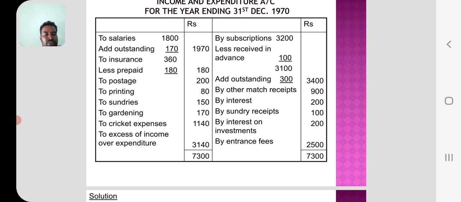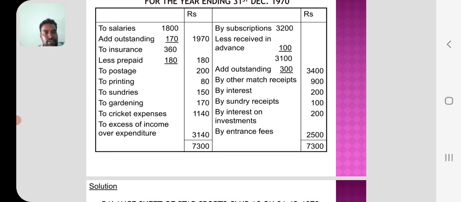Coming to the credit side, by subscriptions 3,200, less received in advance 100, 3,100, plus 300 outstanding of the current year, 3,400. By other match receipts 900. So these are all the incomes.